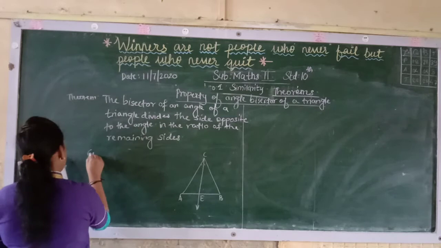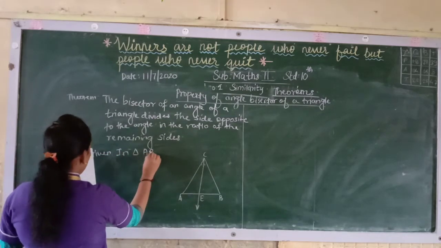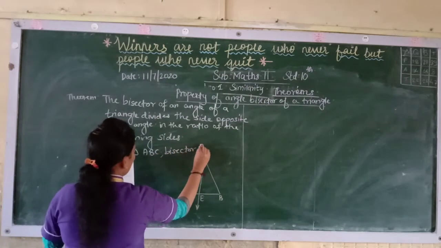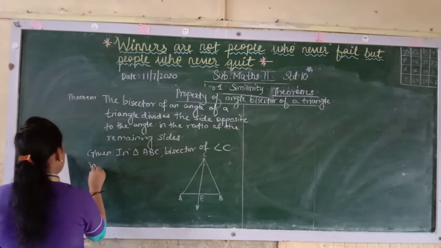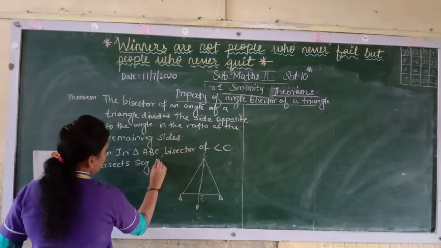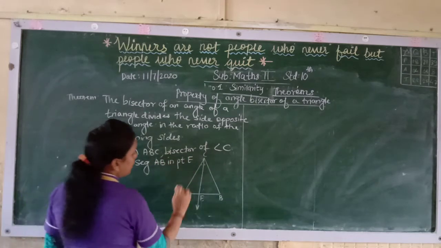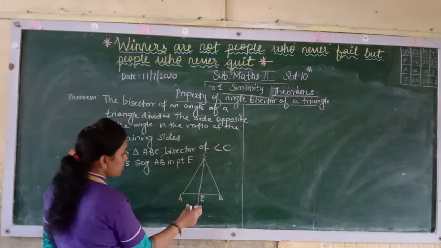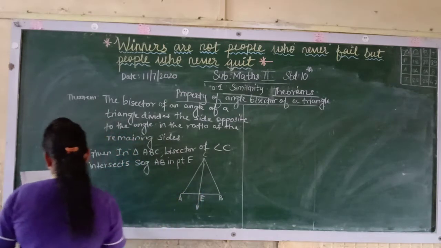So given, in triangle ABC, here you will write bisector of angle C. This is the bisector. It intersects segment AB in point E. Now see, in triangle ACB, CE is the angle bisector which is intersecting side AB at point E. That is what we have written over here.